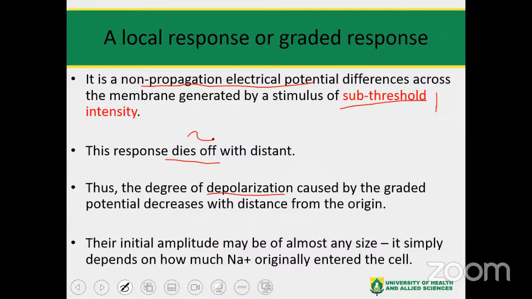That's the local response. If this is the neuron I'm drawing, and then we have the axon, if there is stimulation here at this level, it will just move a small distance and maybe die off. It will not continue to the full length of the axon. It dies off, and we call that a local response or graded response.